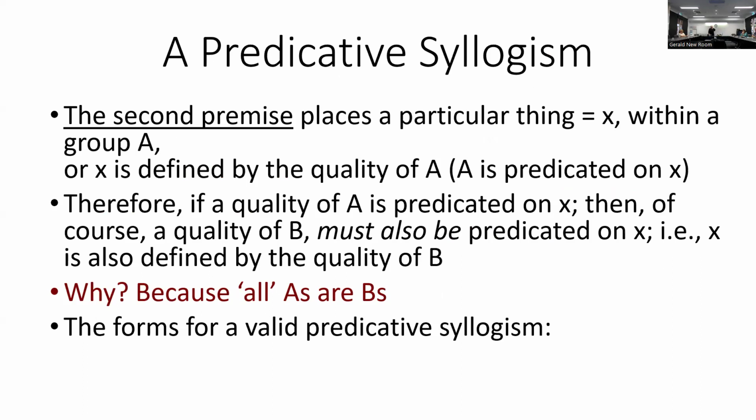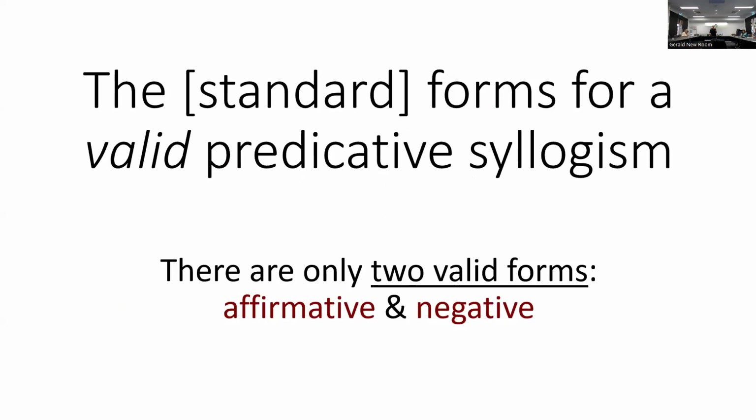Now, we have forms for a valid predicative syllogism. There are only two. You do not have to remember anything else, because if you remember those two, you can see how the argument is structured. One is affirmative and the other is negative.